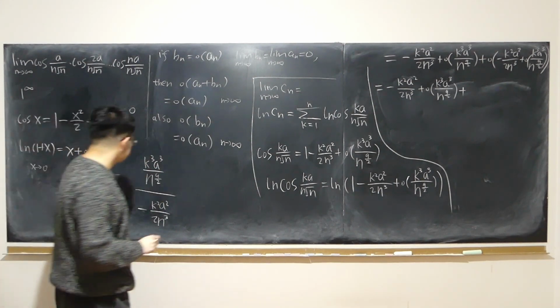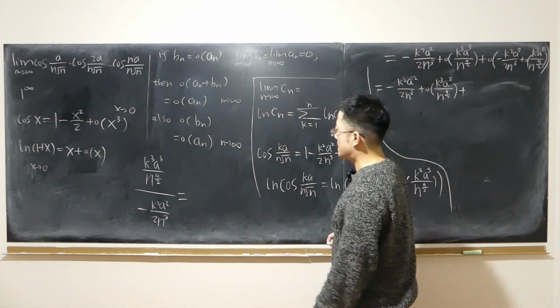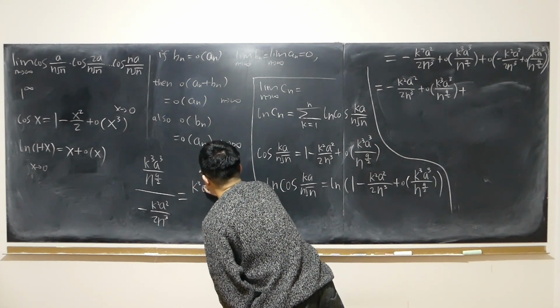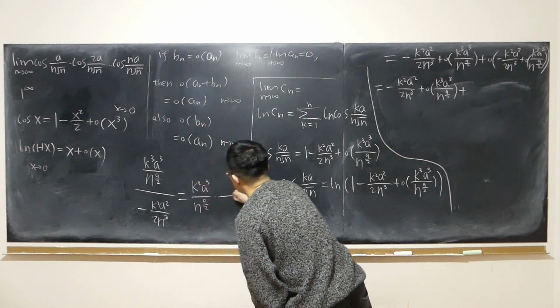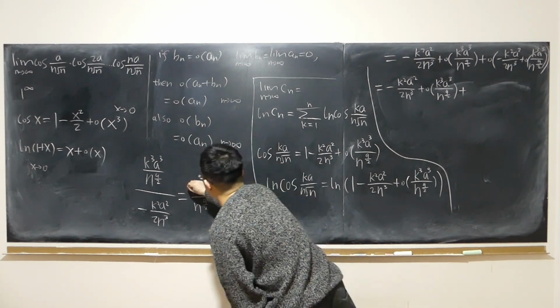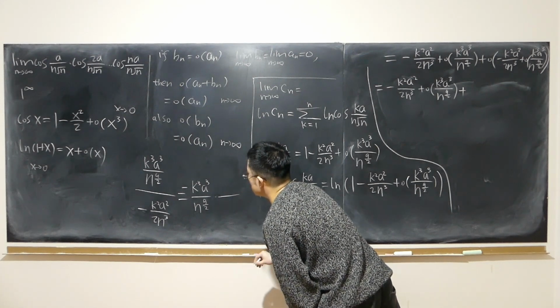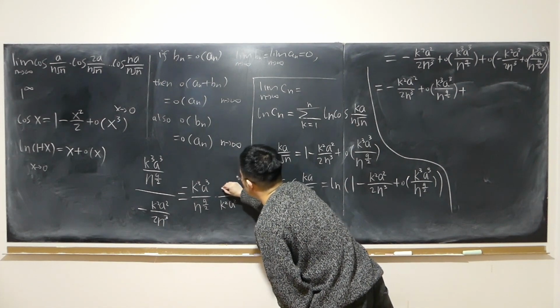The reason is because that is equal to k cubed a cubed over n to the power of 9 over 2, times, there's a negative sign out here, divided by that, meaning times its reciprocal, that is 2n cubed over k squared a squared.